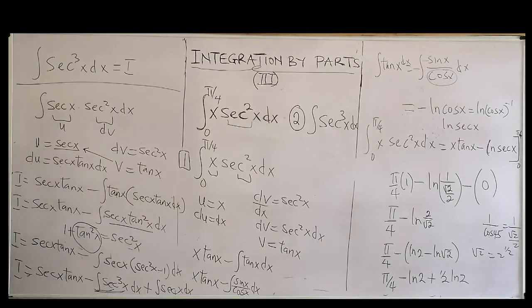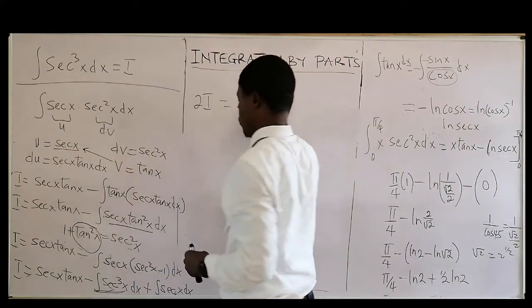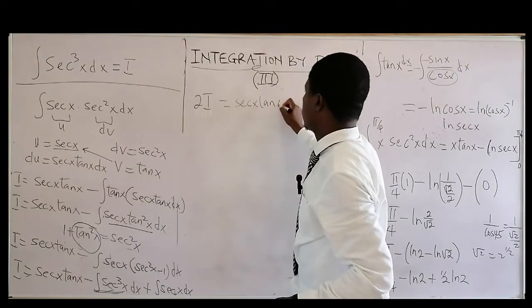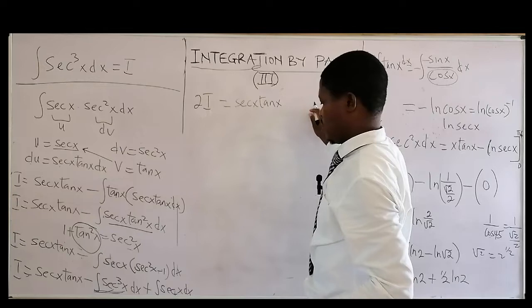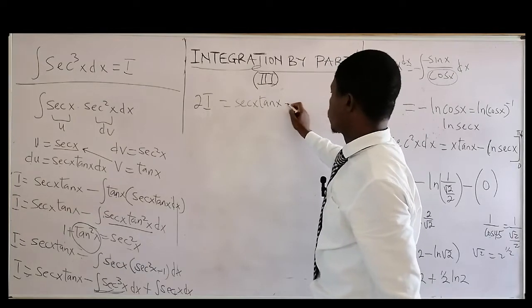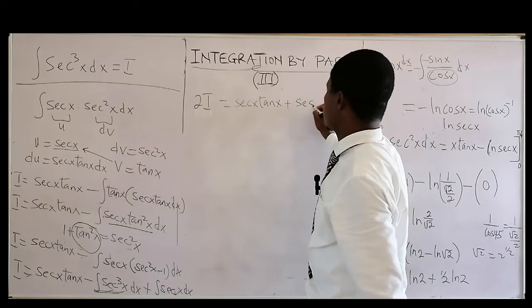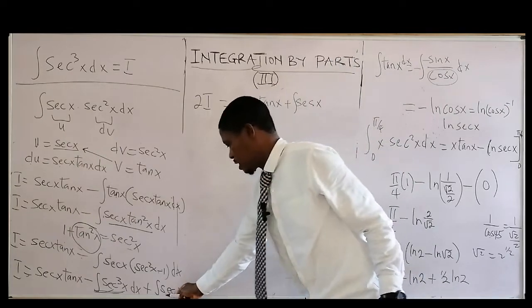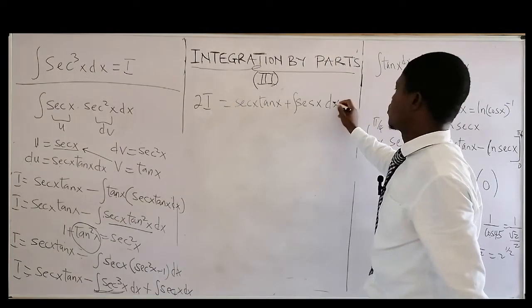So you can take it to the other side, that's your I. 2I equals sec x tan x plus the integral of sec x dx.